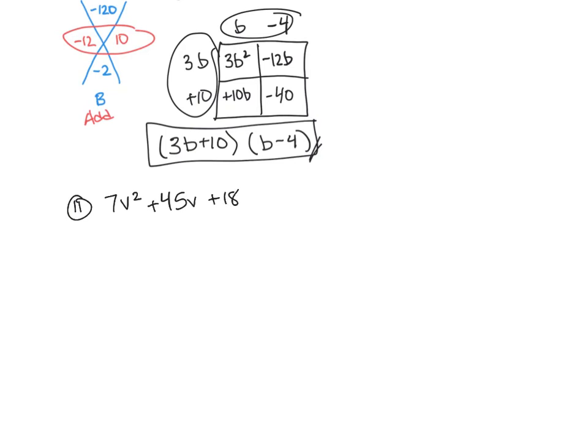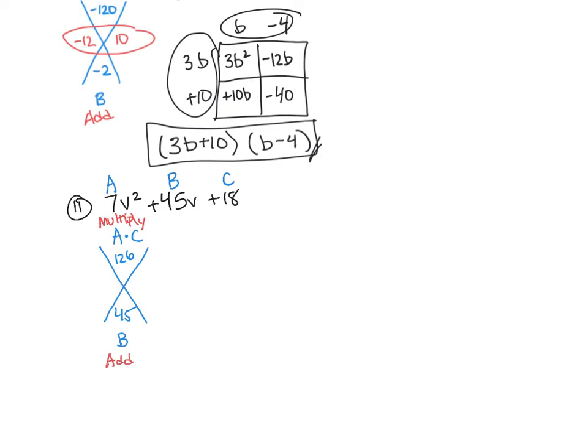So again, I need to break that middle piece up into two different parts, and put our a times our c value here. So in this case, 7 times 18, or 126. And our b value is going to go down at the bottom, 45. So again, we're looking for two numbers that multiply to 126 and add to 45.